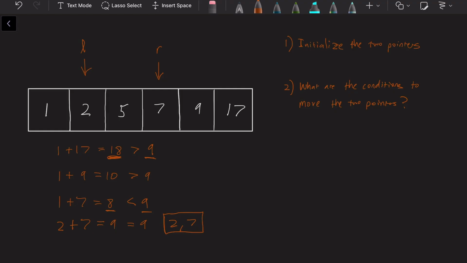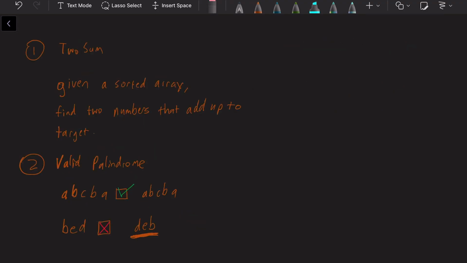That brings us to the second phase, which was: what are the conditions to move the 2 pointers? This again ties to how the array was sorted. We moved left forward, to a larger element, whenever our current sum was smaller than the target, and we moved right inward, to the left or smaller, whenever our sum was larger than the target.